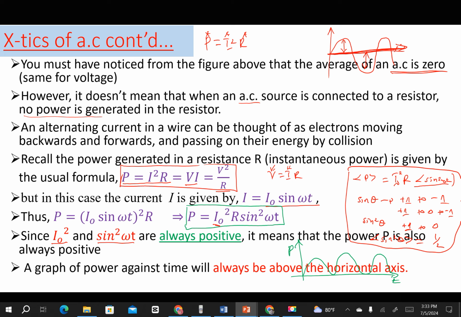I naught squared, the square of a positive or negative number, is always positive. So even if the current goes below the x-axis, the graph of power against time will never go below the x-axis. We are still exploring characteristics of alternating current.